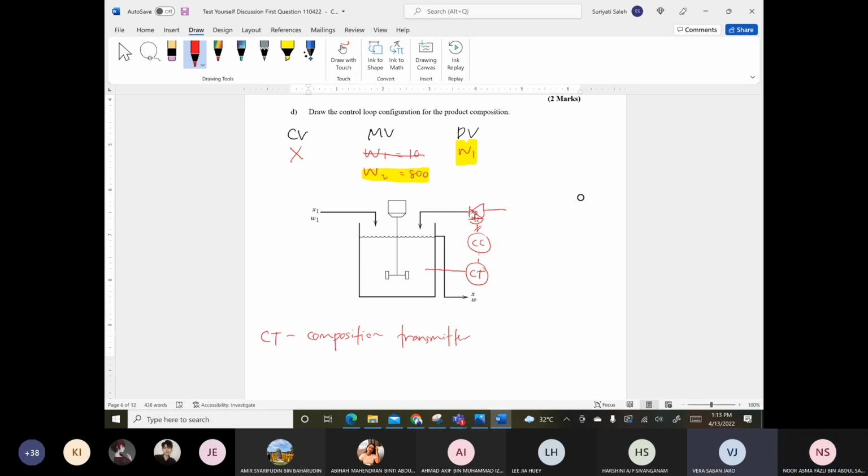Any question? Sir, let's say if we choose x2 as the manipulated variable, the disturbance variable will be x1 or blank. Will be S1. All right, so thank you.